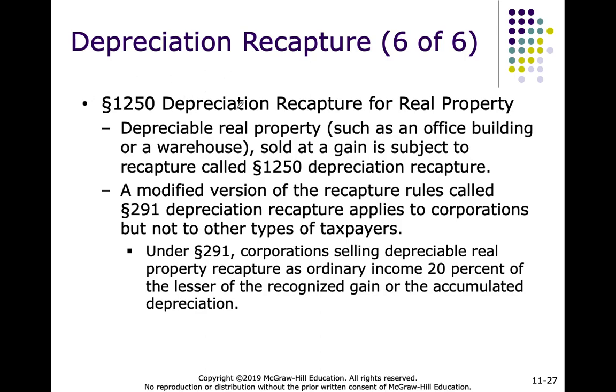When we're talking about real property, again, that's classified as section 1250. So if we have a gain on section 1250, then that will be taxed at a maximum of 25%. Don't worry about the corporation for now. We'll do that in chapter 15.